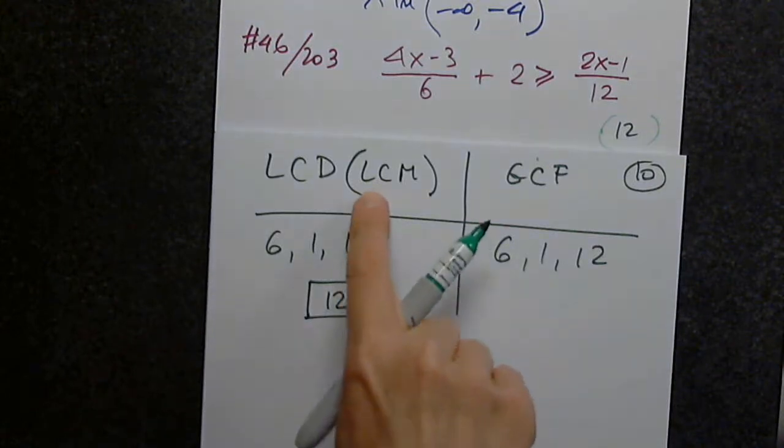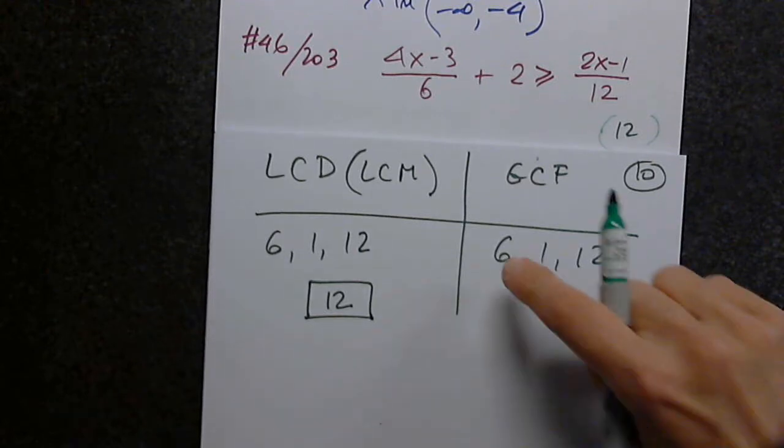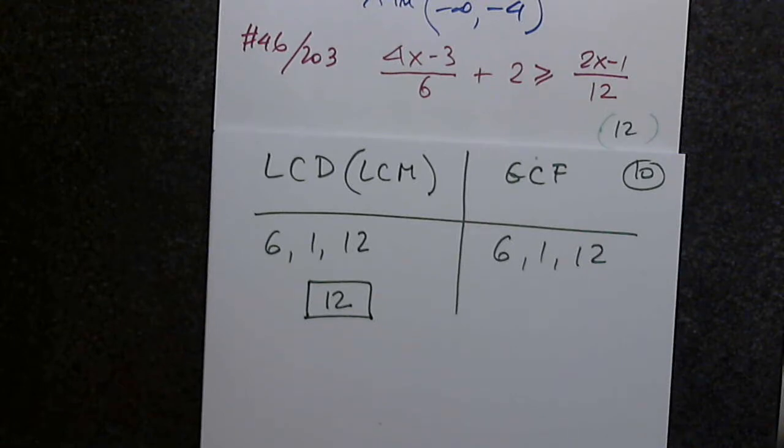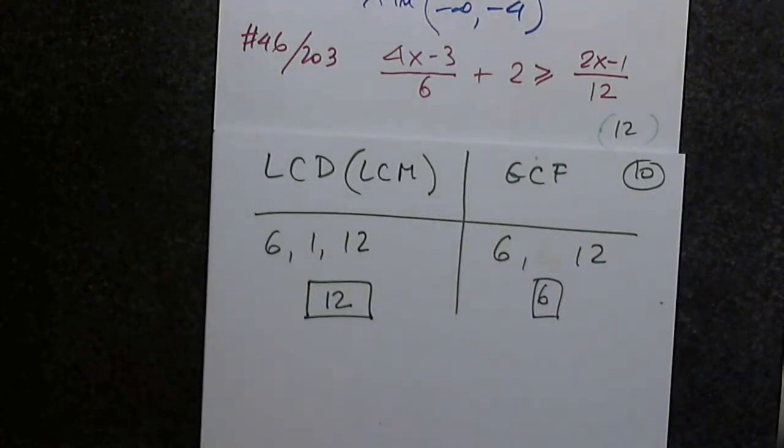So one more time, this is the smallest number that can be divided by 6, 1, and 12. This one is the largest number that 6 is divisible by and 12 is divisible by. That's why this one is 6. And let me erase the 1, because otherwise there is no greatest common factor there.